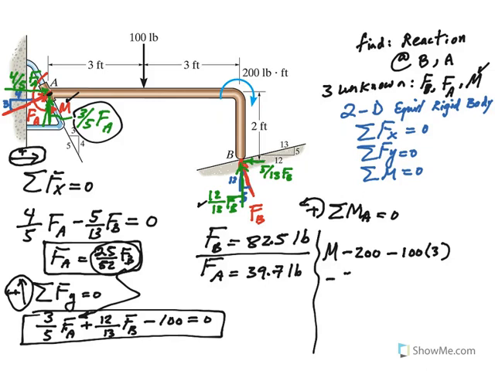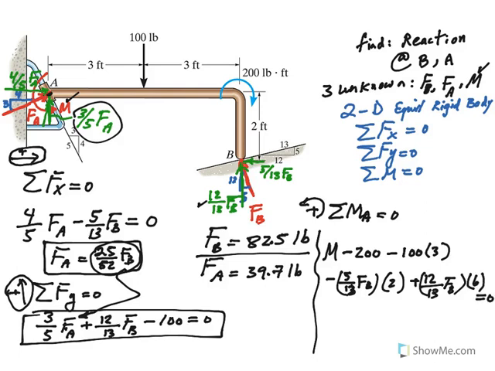So I'm going to have 5/13 F sub B times 2 as its moment about A, and that's going clockwise, so negative. But the 12/13 of F sub B is going counterclockwise, so it would be positive, times 6, equal to 0.